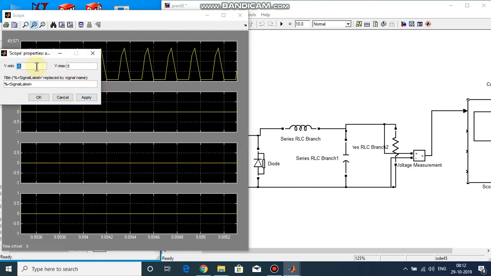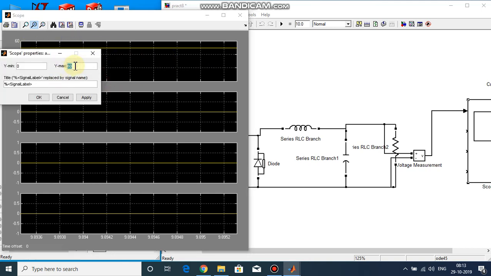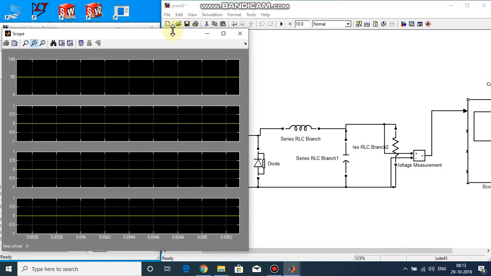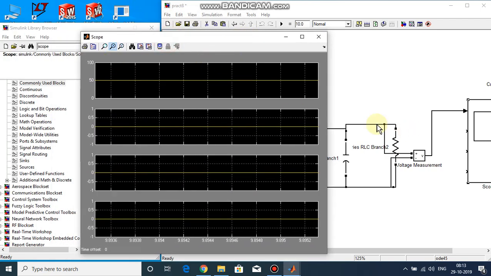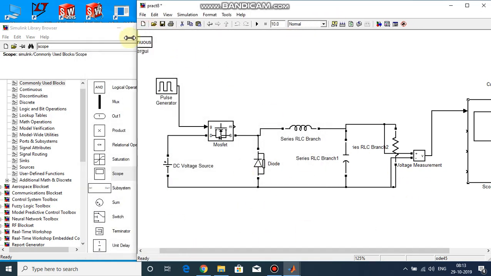For the axis properties, we'll go from 0 to 55 maybe, or 60. Let's go to 60. This is a constant voltage that we are getting, and that is 50 volts. Compared to the 100 input, this is half of the input voltage that we were applying. So this is the proof of concept that our circuit is actually working.